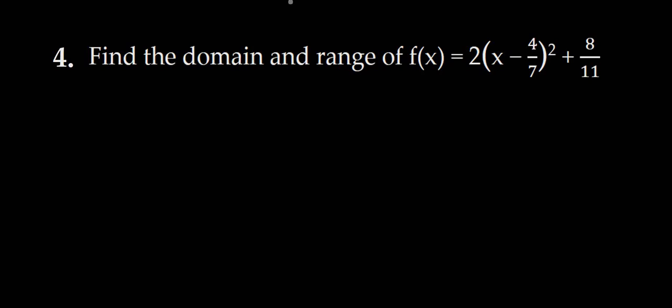Question number 4. Find the domain and the range of f of x equal to 2 open parentheses x negative 4 over 7 close parentheses squared plus 8 over 11.